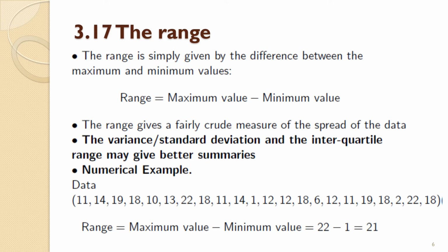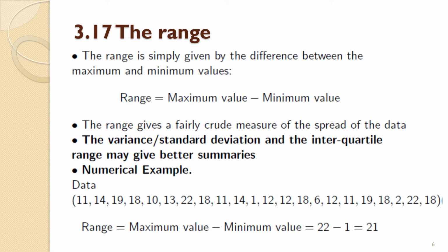But it is quite a crude measure of the data, and ordinarily you would expect that the variance, the standard deviation or the interquartile range would give better summaries. I've included it here because it's calculated in a similar way to the interquartile range in Excel. So we've got this numerical example between the brackets.